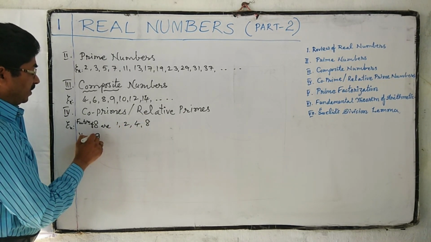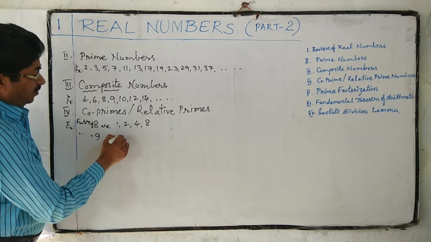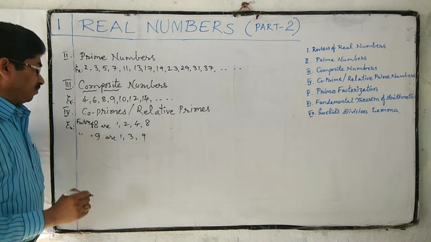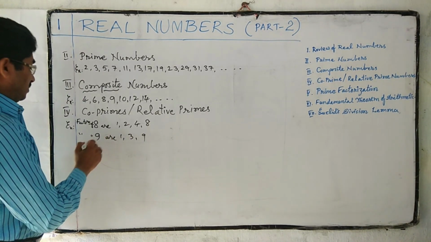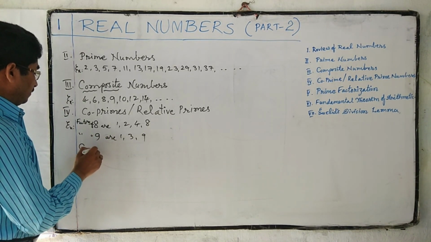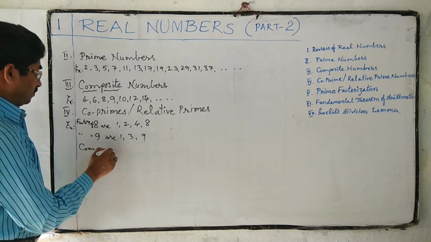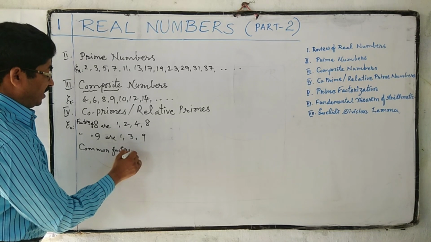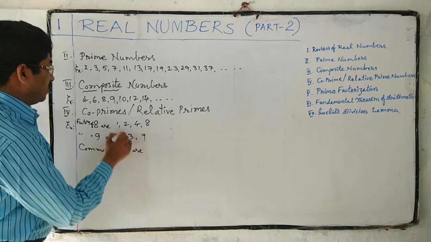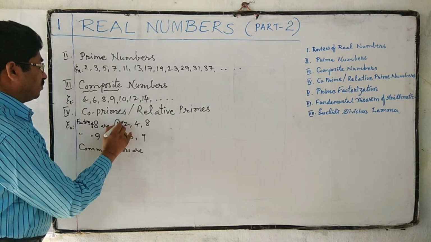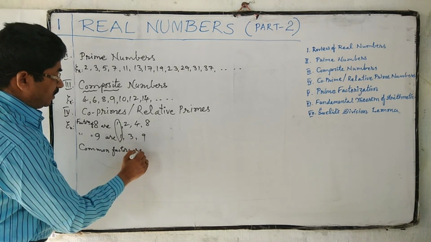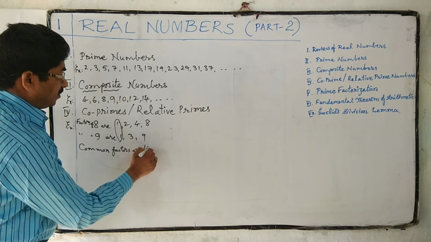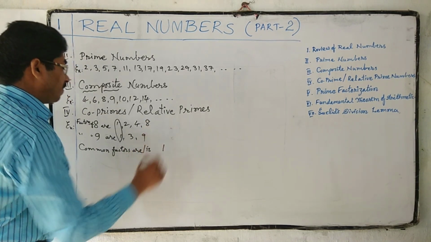Factors of 9 are 1, 3, 9. Common factor is one only.